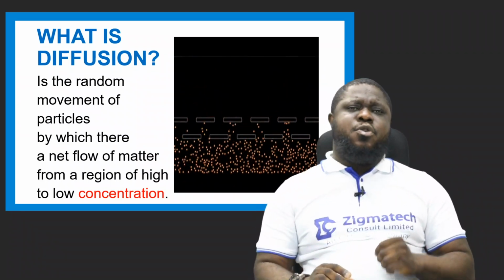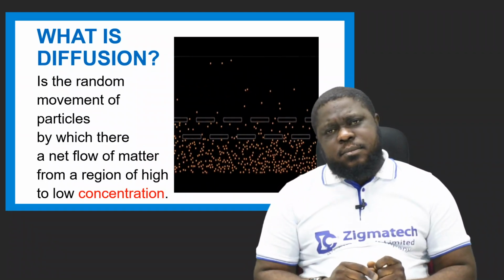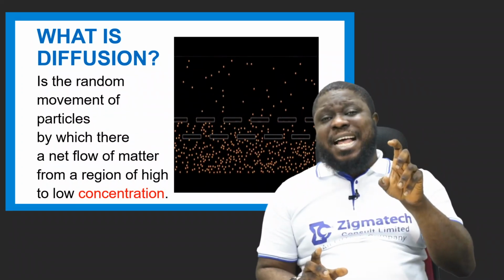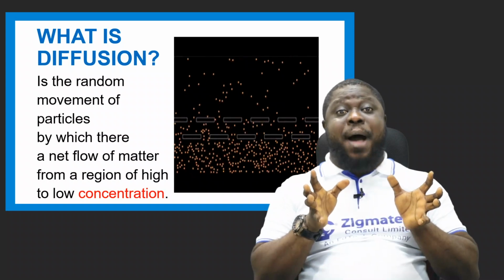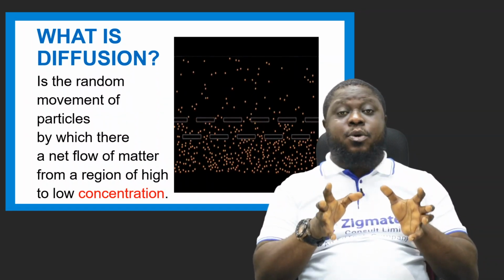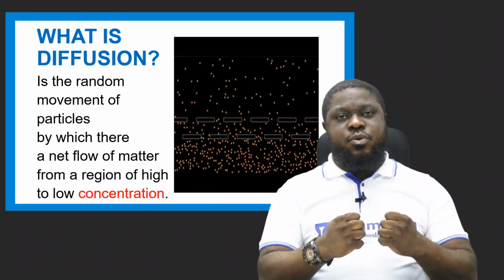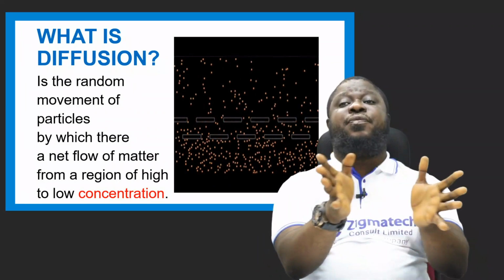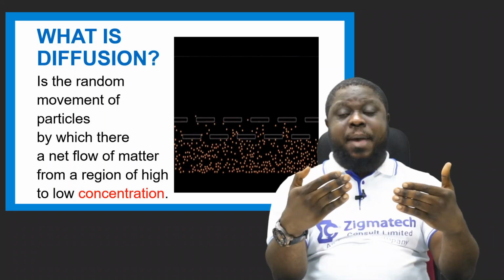Take, for example, you spray a scent in a flower garden. When you spray that scent, the aroma will be massive to you. At that time, you perceive it very well. Now, when it enters into the atmosphere, the smell will reduce.